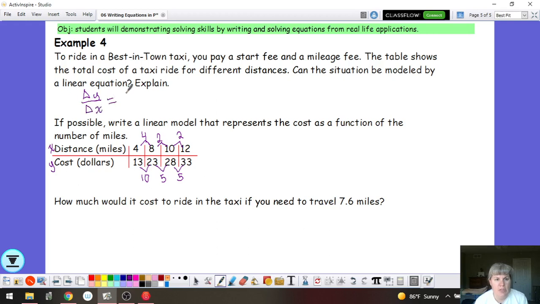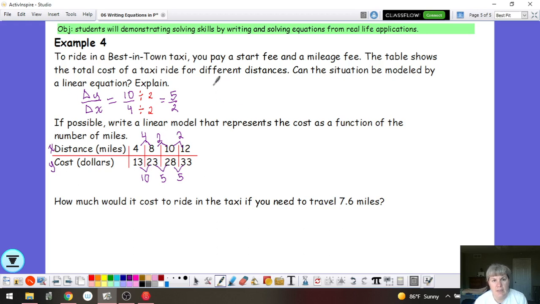So I have my change in y was 10, my change in x was 4. I can divide both of them by 2. So my fraction simplifies to 5 over 2. And if I look at my remaining rates of change, 5 over 2, 5 over 2.